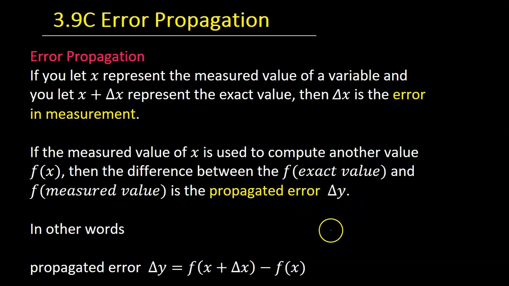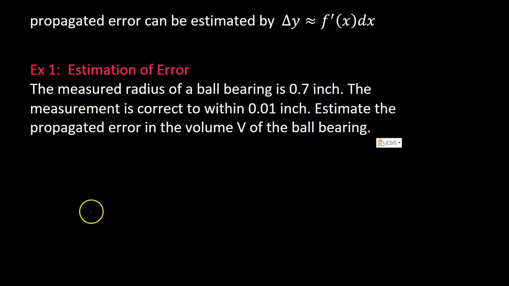In other words, delta y is equal to f at x plus delta x minus f at x. But here's the trick. Propagated error can be estimated by delta y is approximately equal to f prime of x dx. If you watched the last video, then you'll recognize this expression as the formula for a differential.